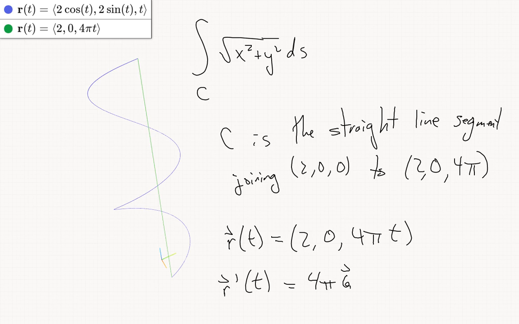And this from t between 0 and 1. So this integral will be integral 0 to 1. Now the radius in the xy direction, I guess, is still just 2. The size of the velocity vector is 4 pi. So we get 8 pi.